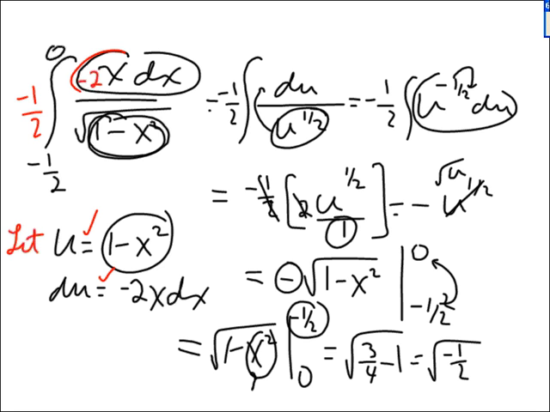So this here, if I plug in the -2, that's du, and the bottom is u to the half. Okay, so I have no problem with that equal sign. I have no problem with that equal sign.